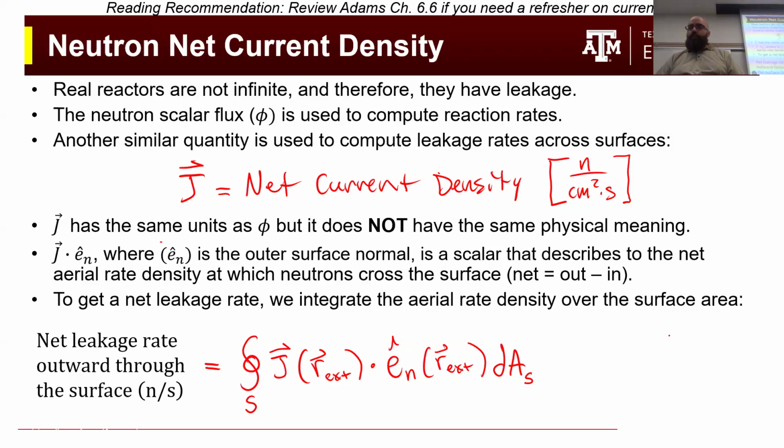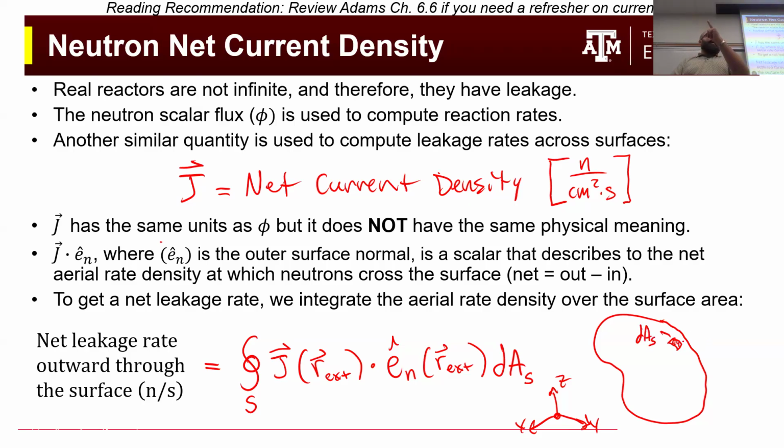Let me draw a little picture that might help illustrate this. If I had a lima bean shaped reactor and I have some coordinates x, z, and y, at some arbitrary location on this surface, we would have a little surface element, and that surface element would have area dA_s.